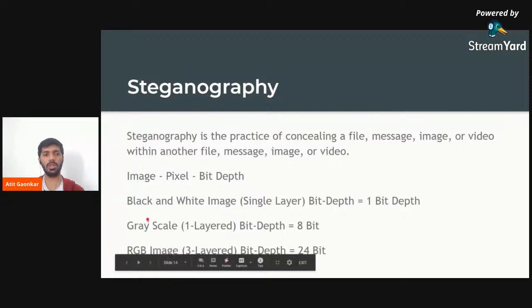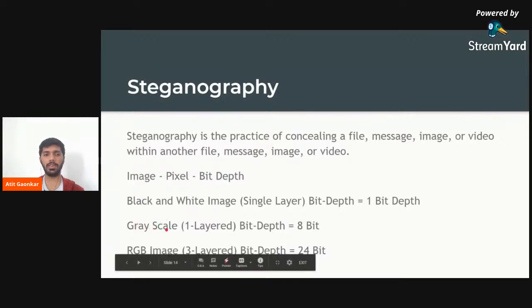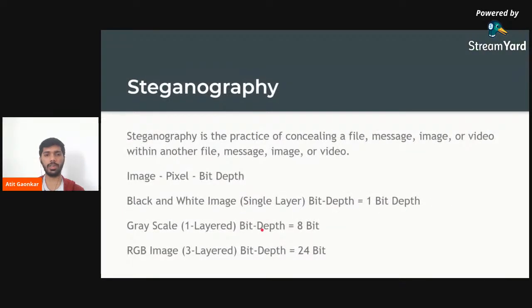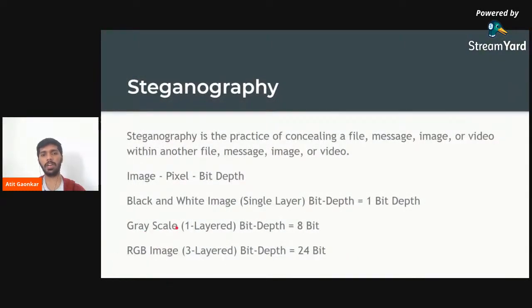So the bit depth of black and white is 1 bit, because you just need 1 bit to represent these two colors. For grayscale, which is single layered, you need 8 bits of data, so the maximum number of shades that you can store is 2 raised to the power 8, which is 256.